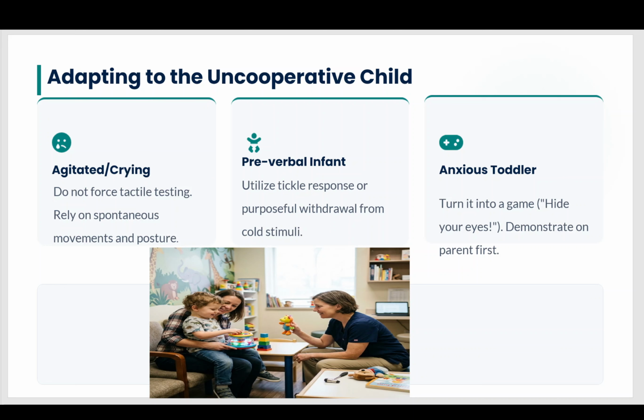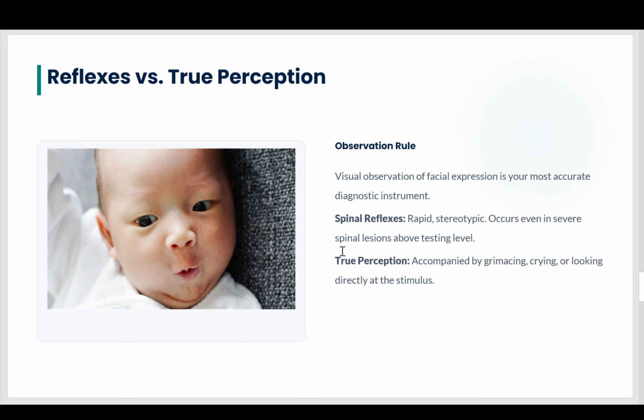So these are the tricky areas, and this is the photo showing a grimace response which can be recorded by us. The most common mistake made in this observation is failing to differentiate between true perception and spinal reflexes.